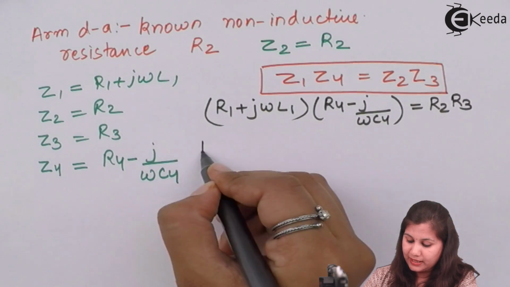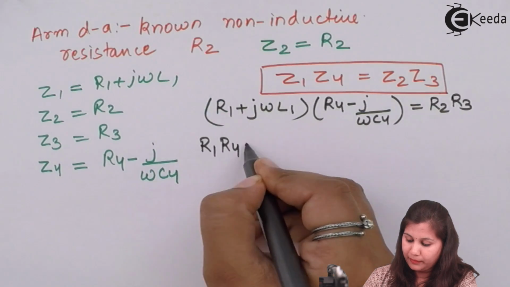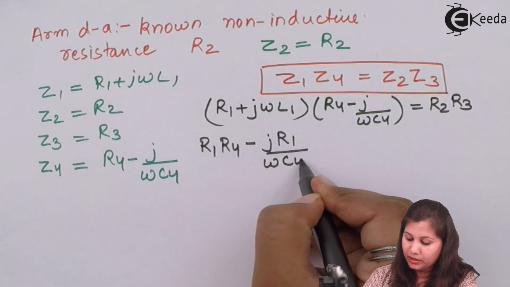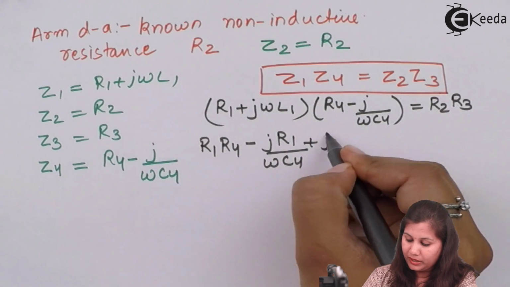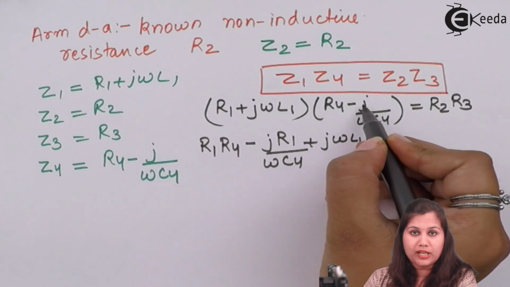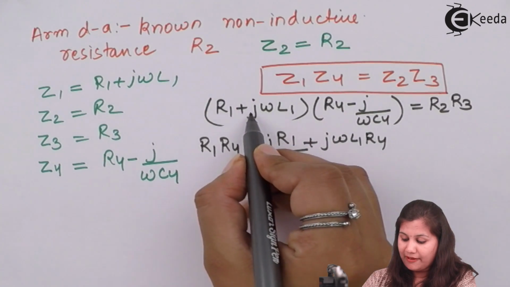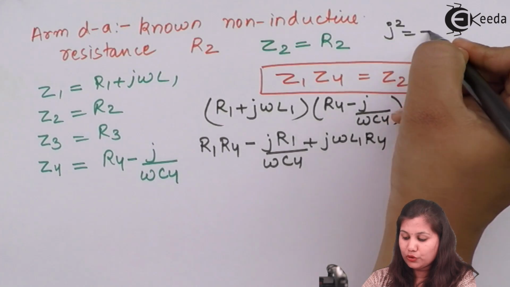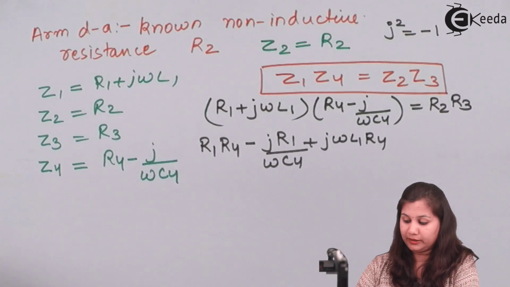Multiplying these, we will get R1 R4 minus j R1 upon omega C4 plus j omega L1 R4 plus, j and minus j. Here we are having j and j. When we multiply it, j square is equal to minus 1. We know that.